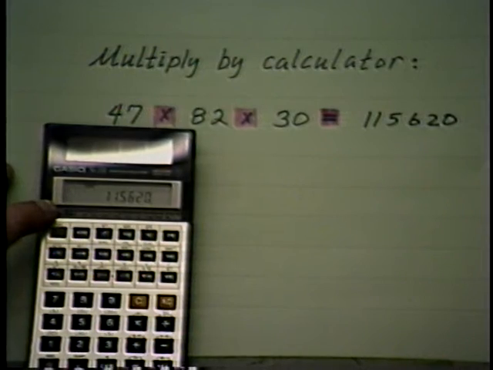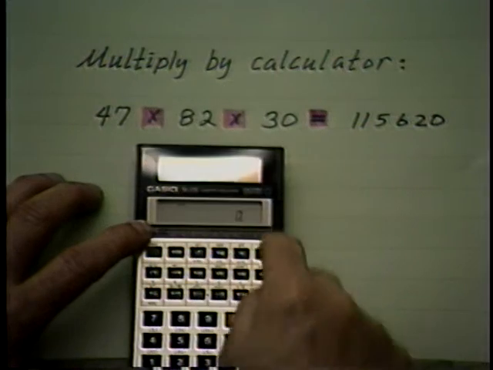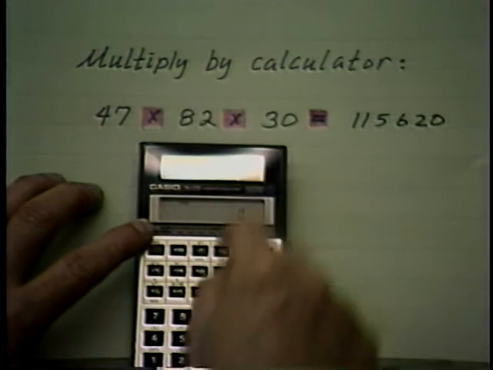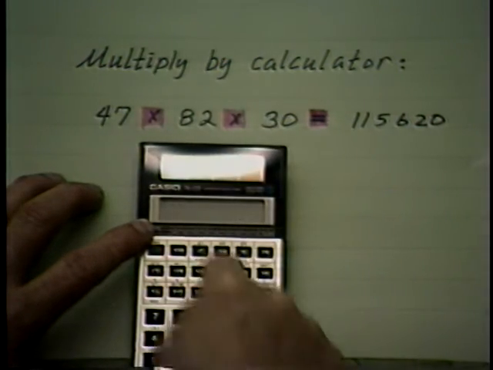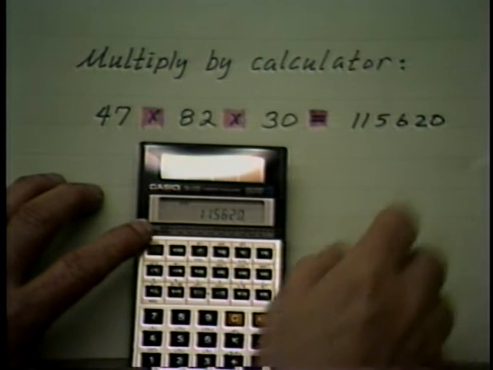Now always remember, we might have made a mistake. So always clear and redo it. In a reverse order, if you wish, 30 times 82 times 47 equals 115620. So apparently we're correct.